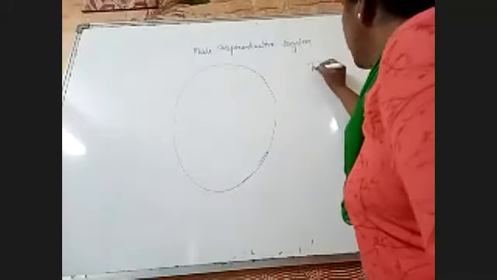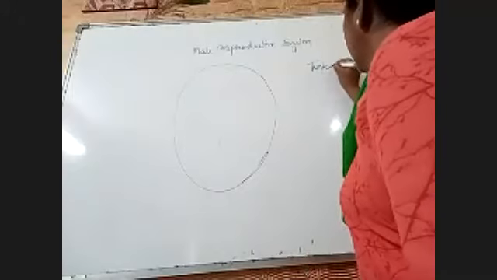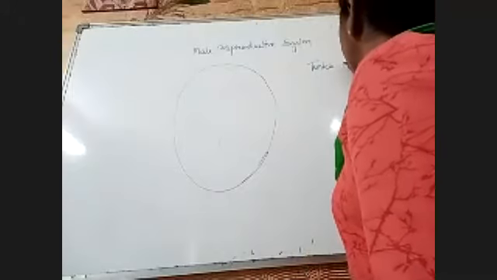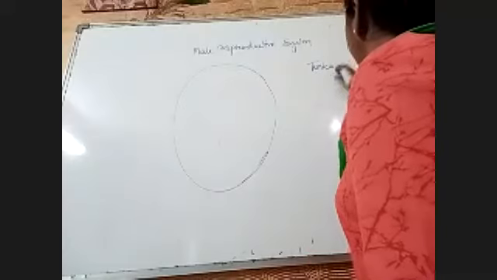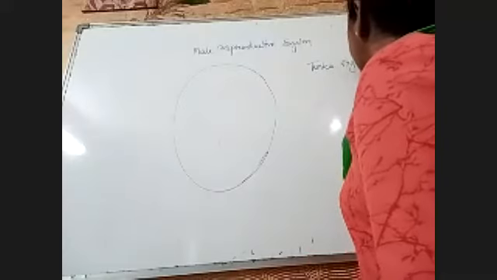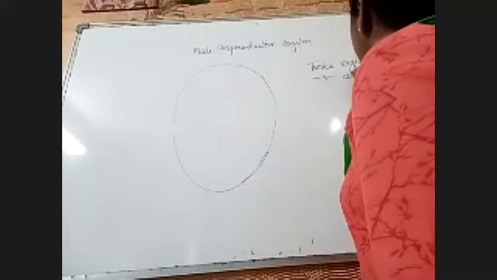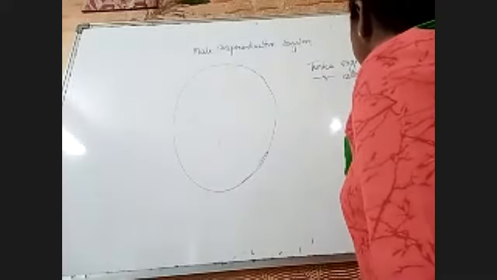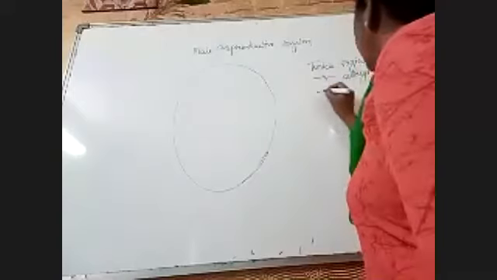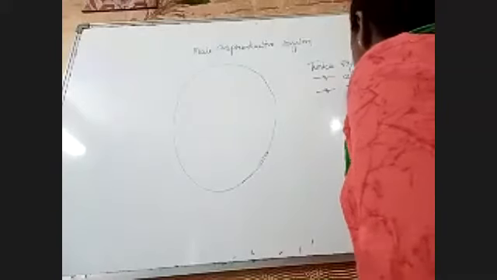The 3 membranes are the tunica vaginalis, tunica albuginea, and the tunica vasculosa.